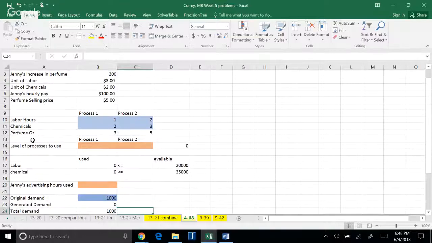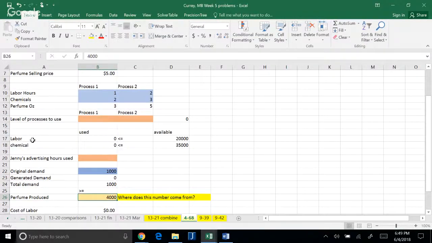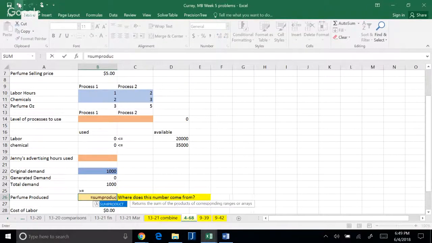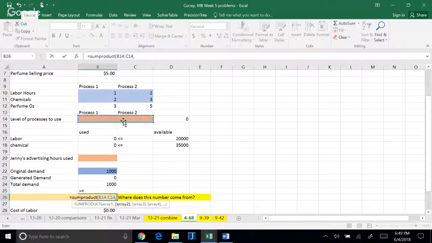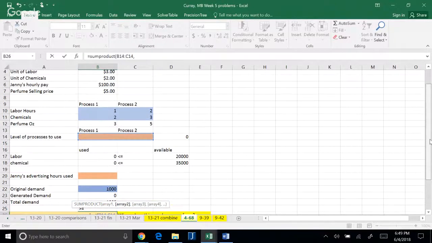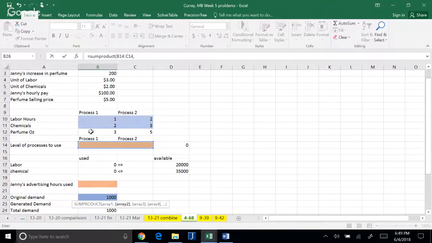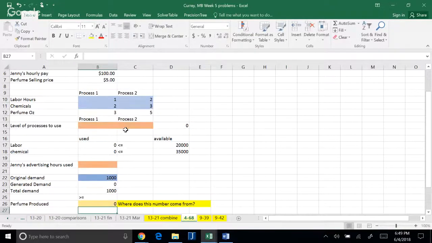So the amount of your perfume that is produced is going to be, in fact, let me see what you did there. I didn't even look before I deleted. Okay, it was just a hard 4,000. Yeah. So that's going to be a sum product of the level of process used and how much each process produces.